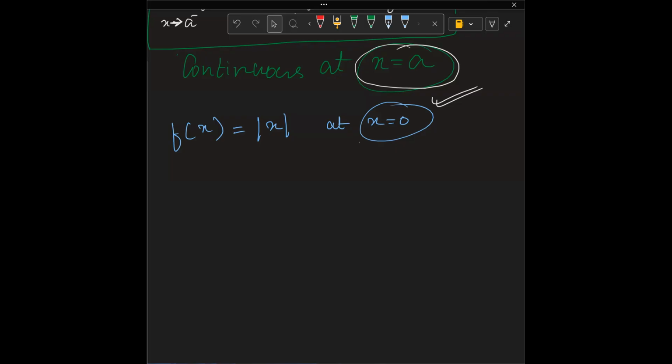Done. Yes, sir. So what is the answer? Is this function continuous or not? No, sir. It's not continuous.